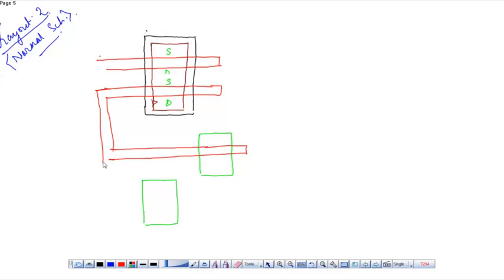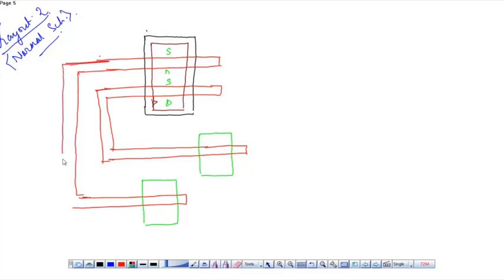We'll short this input. This is input A and this is input B. Now this is the gate terminal, this is the source, drain and drain terminal.